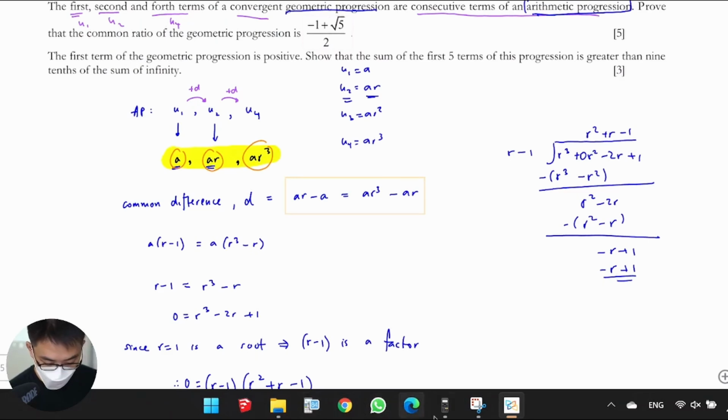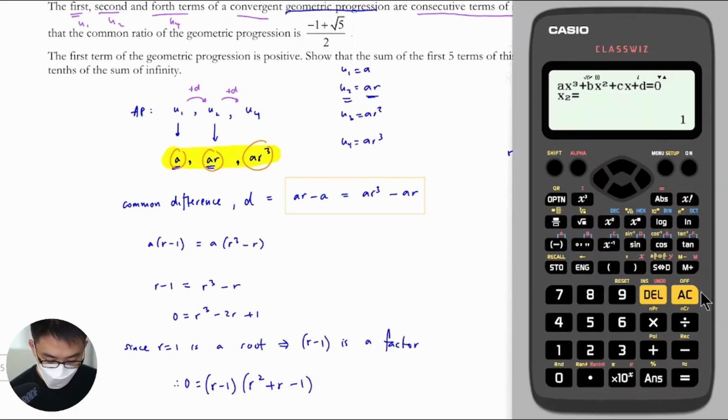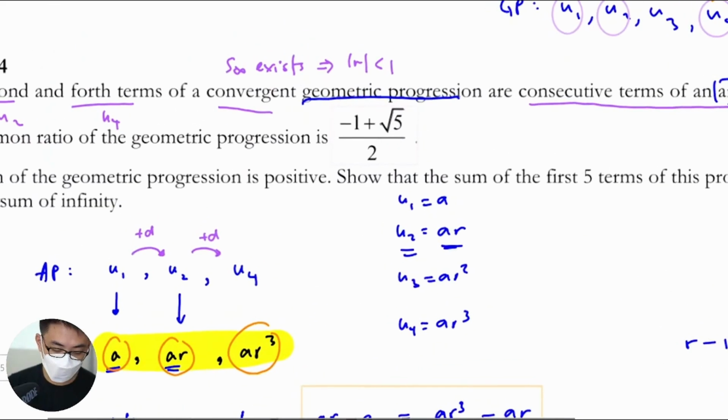You key in the calculator: R cubed is 1, 0, minus 2 and 1. Press enter, go down there. One of the roots is 1. You won't need to find the exact root.